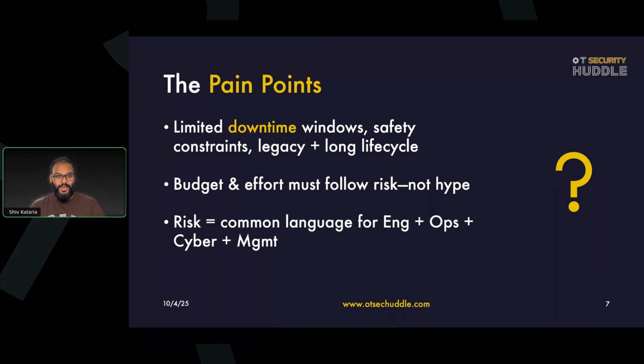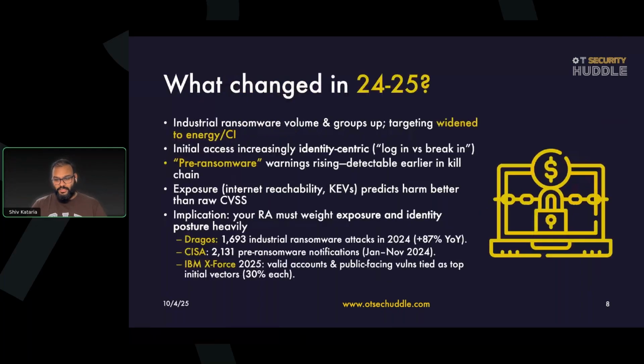So we want to balance this out so that we understand what are the most critical assets for us and what will go wrong if we don't address those things, which allows us to have continuity of operation and also ensure safety of the people who are working at the plant.